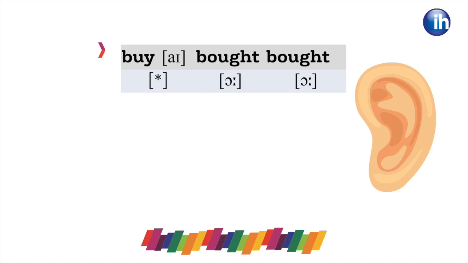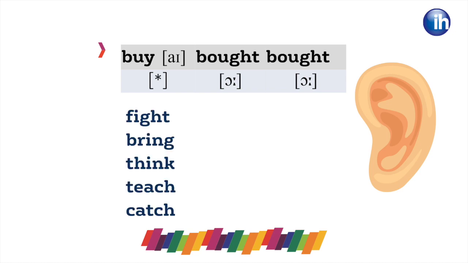But I find they often struggle with the pronunciation because they try to put a h or something in there. So let's start off with buy, bought, bought, and then move on from there to fight, fought, fought, bring, brought, brought, think, thought, thought, teach, taught, taught, and catch, caught, caught.